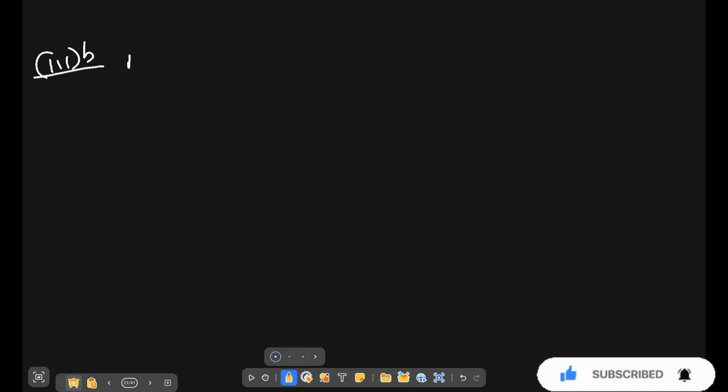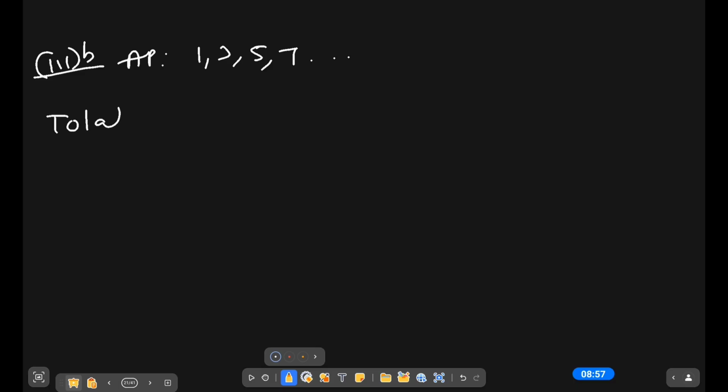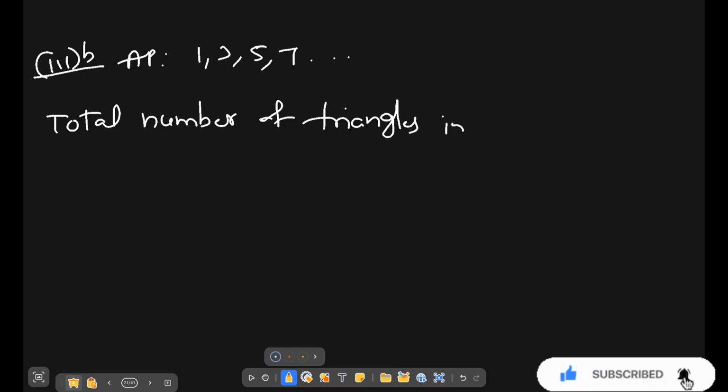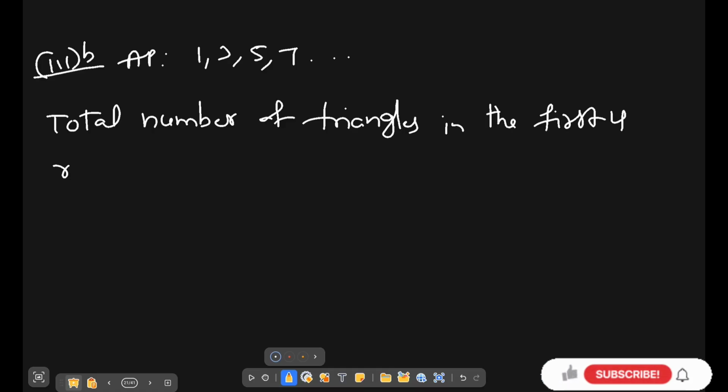Third big question, what is the AP given here? So 1, 3, 5, 7 and so on. First of all we have to find the total number of triangles in the first 4 rows. So it will be equal to S4.